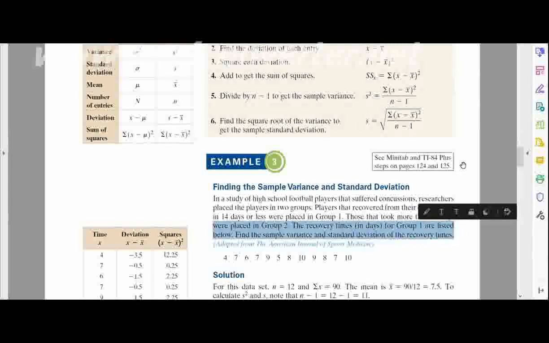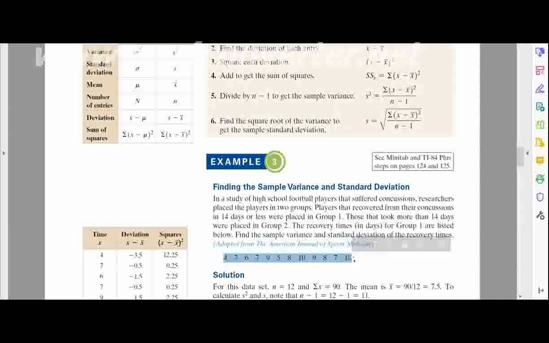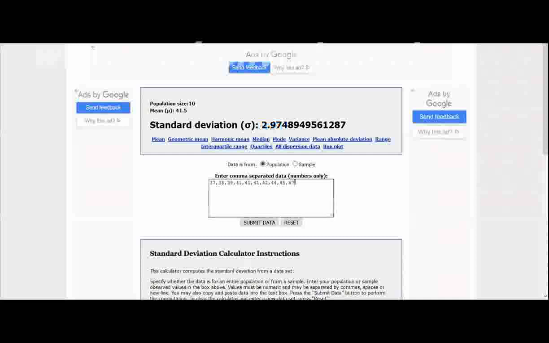So let us get back to Alcula and enter all of these numbers to find our sample standard deviation. I'm going to just paste these numbers here. They put commas to separate these numbers.